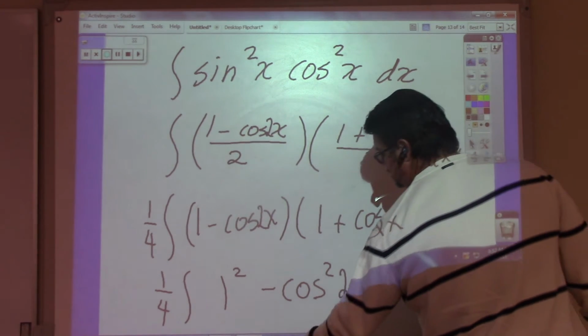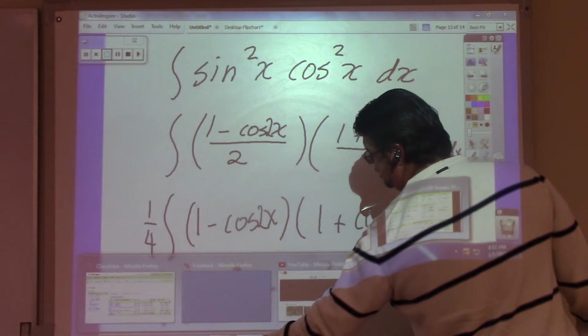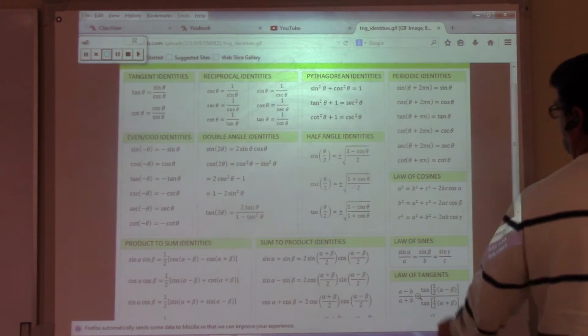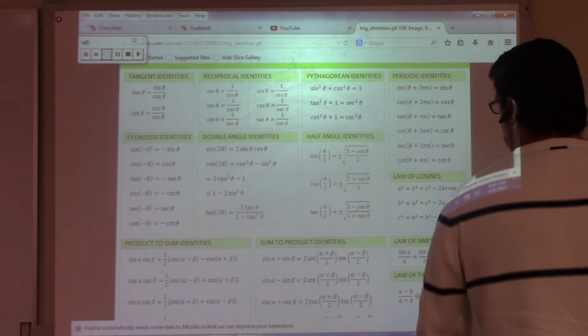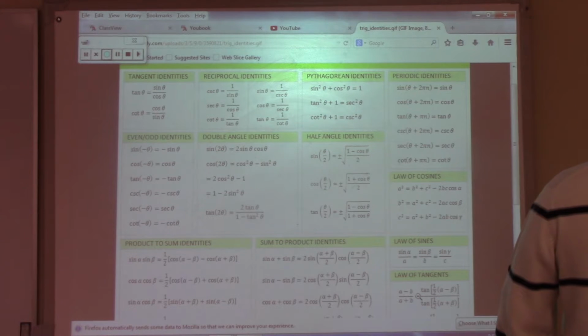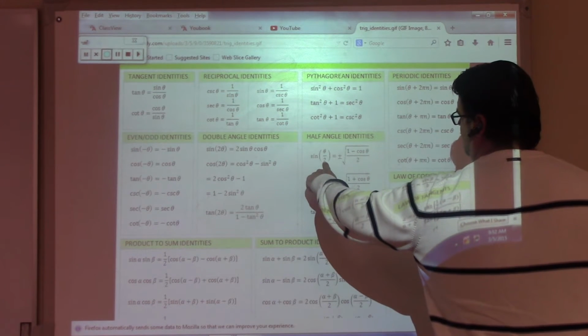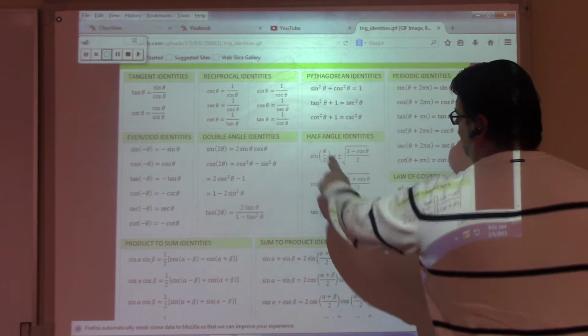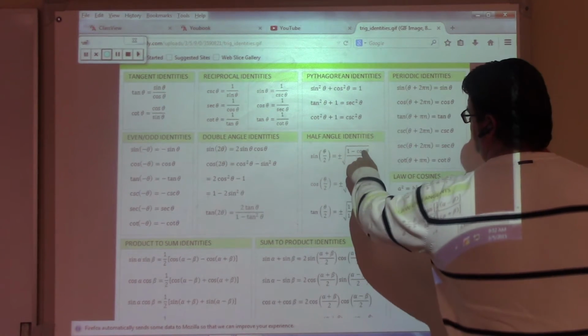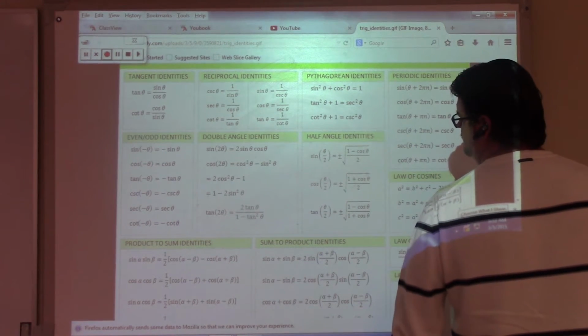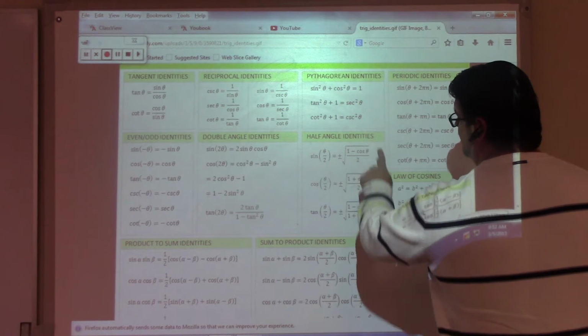It should be. Yeah, because of the divided by 2 right here, it would come out to be 2 theta.